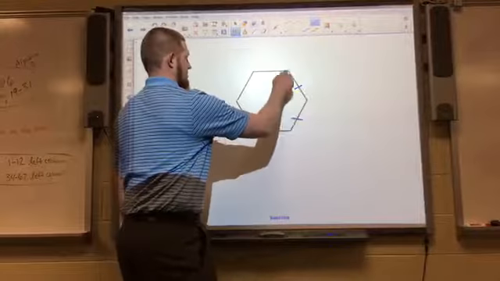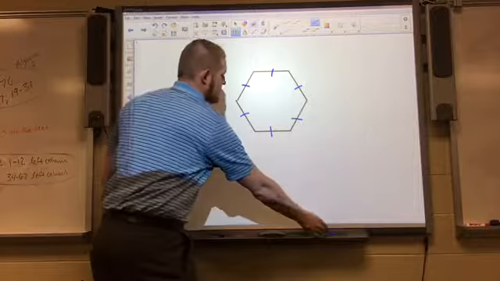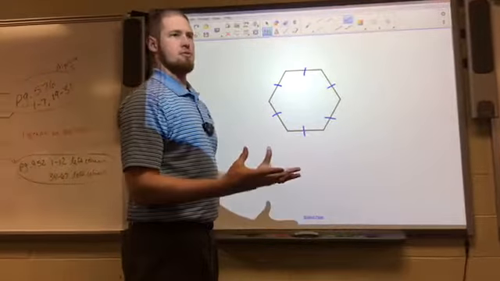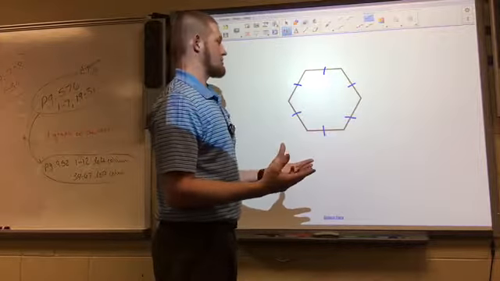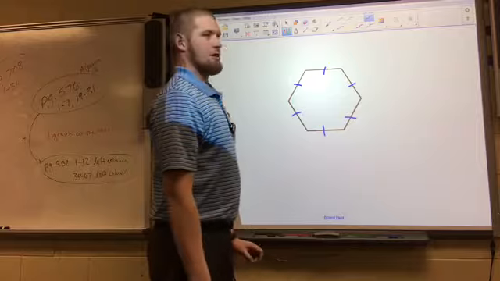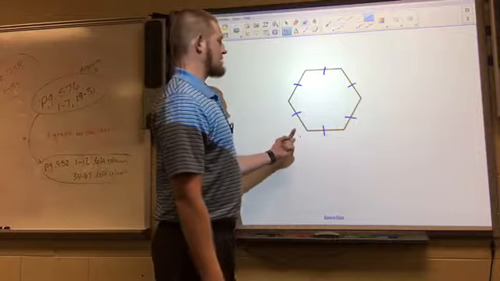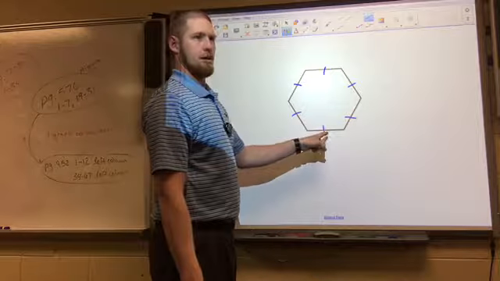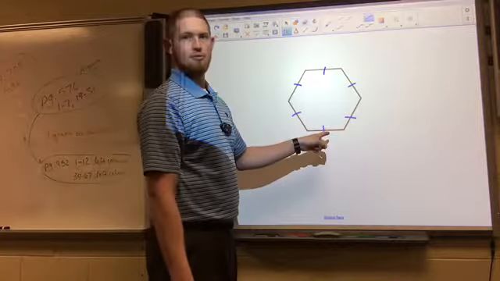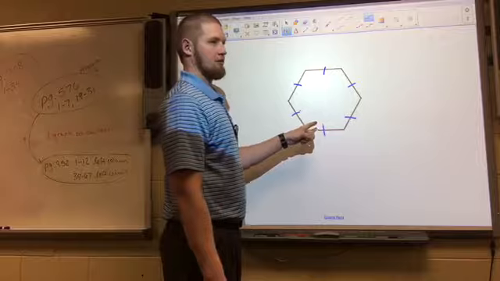These sides are all the same, right? So let's say I have a hexagonal base on a pyramid, just like that last example we just looked at. To be regular, do the sides going up the pyramid have to be the same length as the sides on the bottom? Yes.